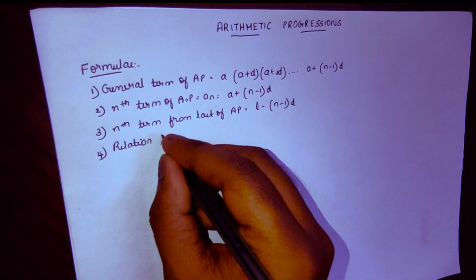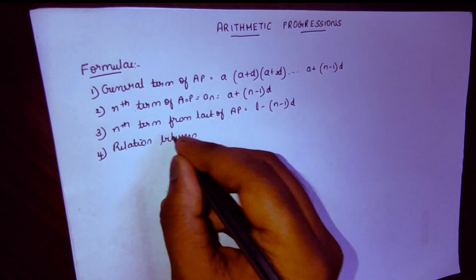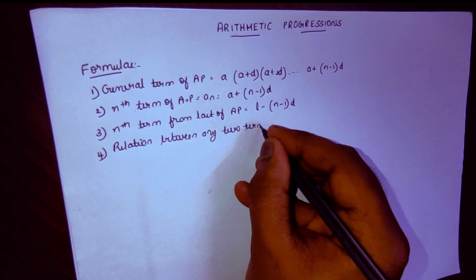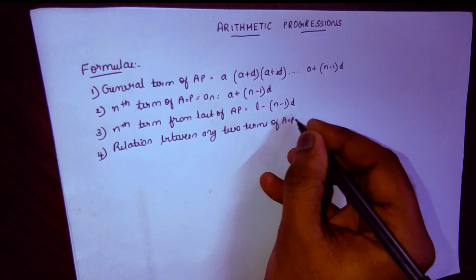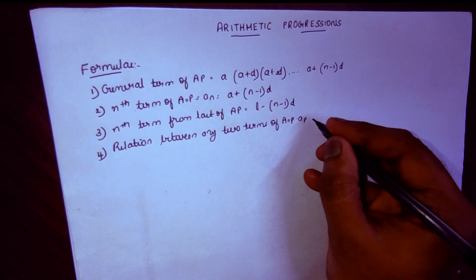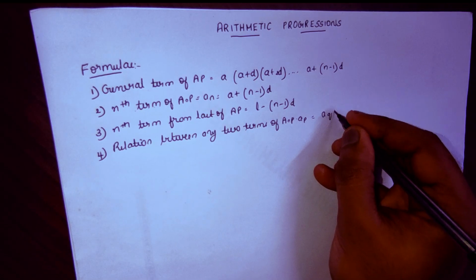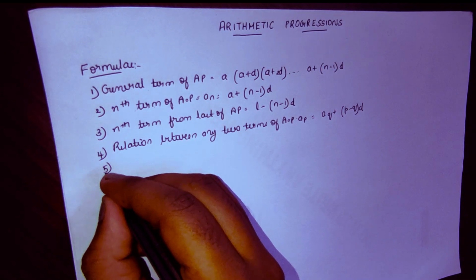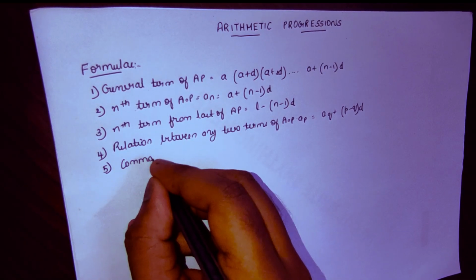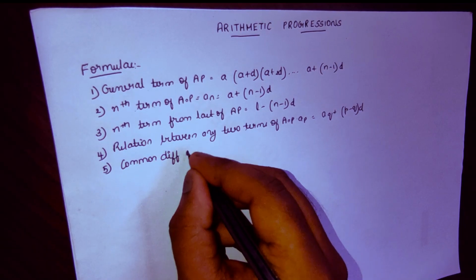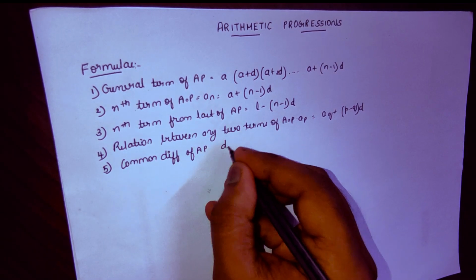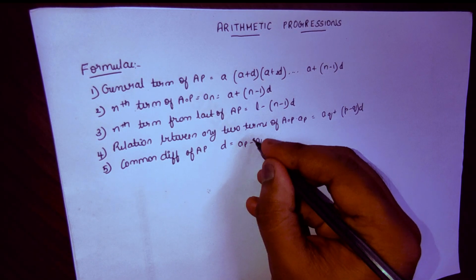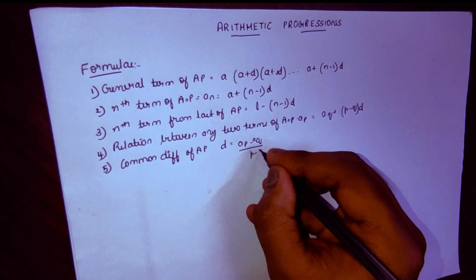Relation between any two terms of an arithmetic progression: ap is equal to aq plus (p minus q) into d. Common difference of an arithmetic progression: d is equal to ap minus aq divided by p minus q.